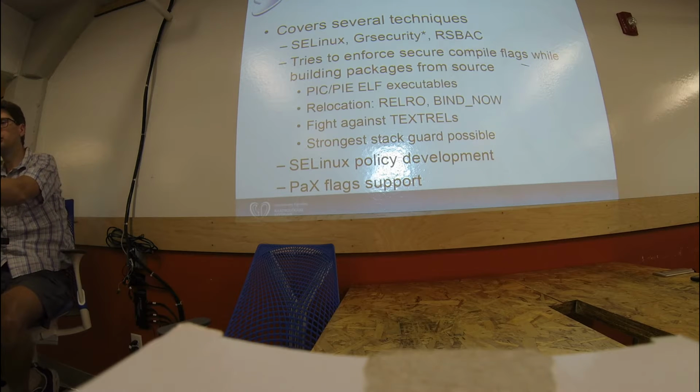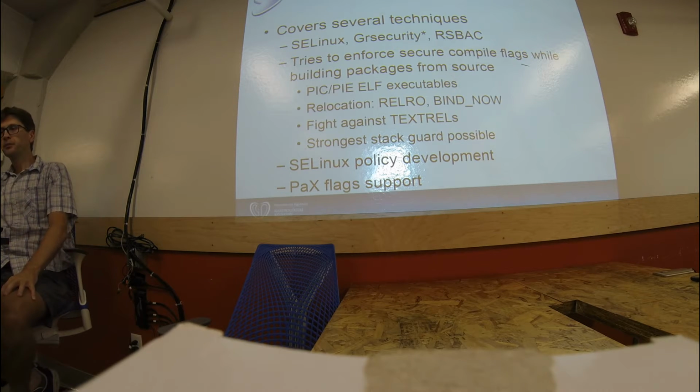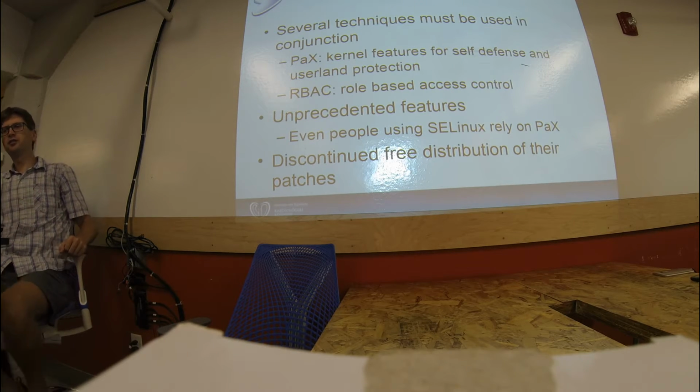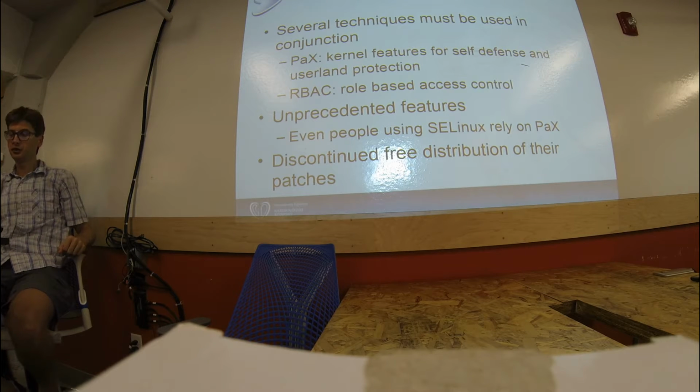So they keep track of these. And I think there are just very few people who use RSBAC, but there might be some more in the future, because there have been some hysteria and scandals around GR security lately.